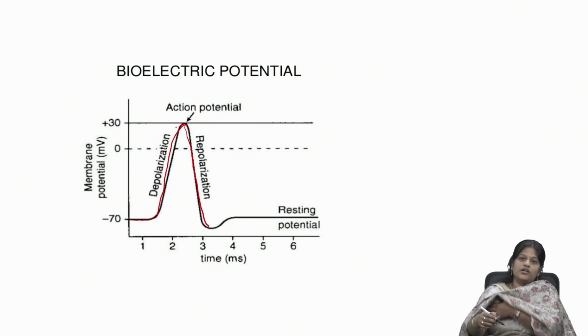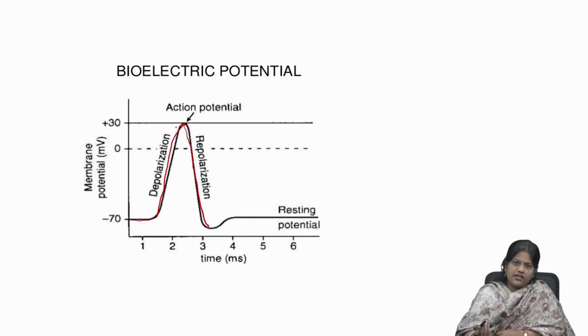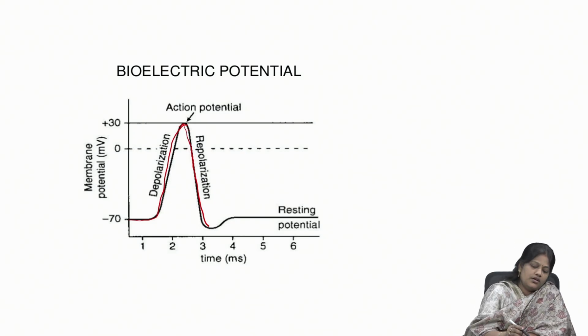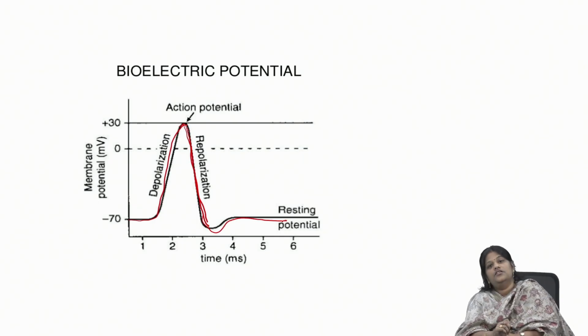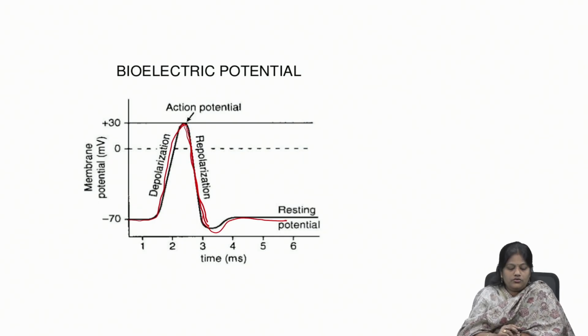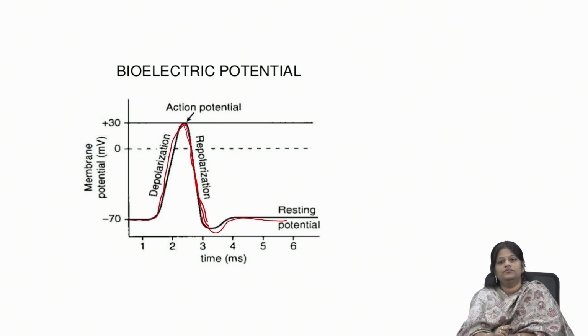It will not stay longer at the action potential, so the energy gets loosened up and it slowly decreases. That state is called the repolarization state, and after a sudden decrement it goes back to the resting potential. I hope you understood how the resting and action potentials take place inside our human body. Thank you.